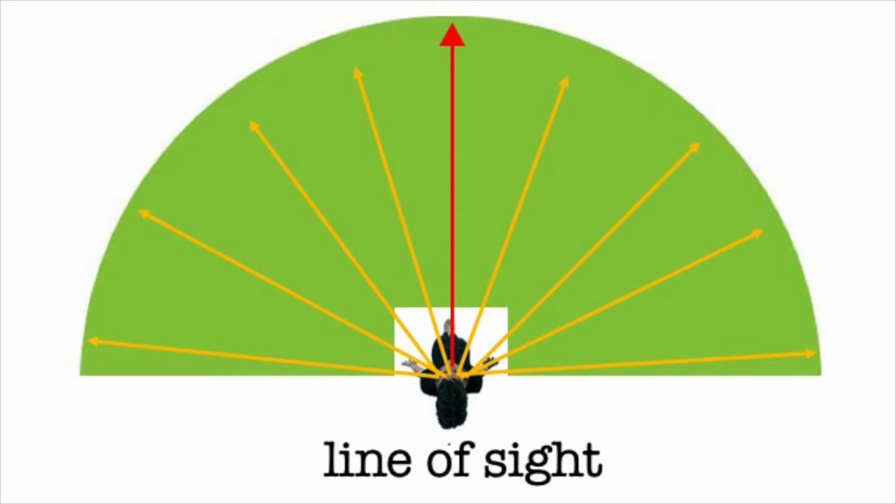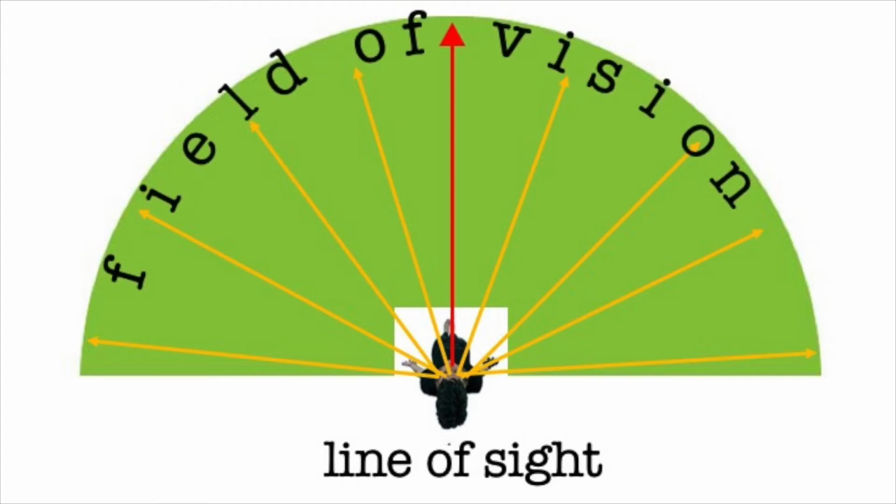And as humans, we perceive an area that is approximately 180 degrees, and that would be 90 degrees on each side of our line of sight. And we call this 180 degree area our field of vision.